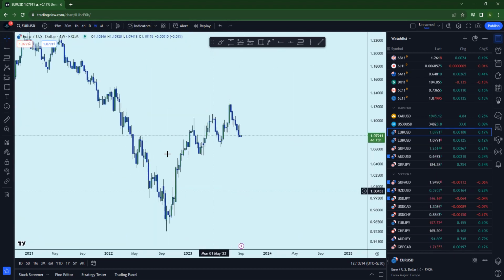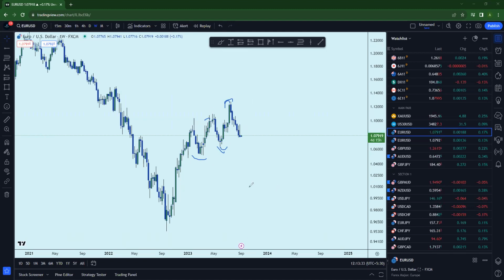If you're looking at the weekly chart, what's happening over here? Low and high, right? We got a low, then a high, then a higher low, then a higher high.